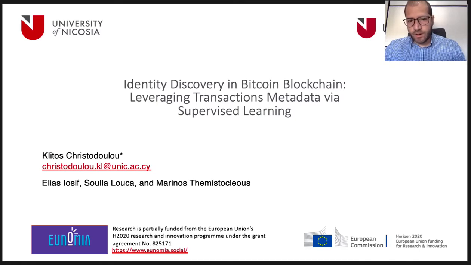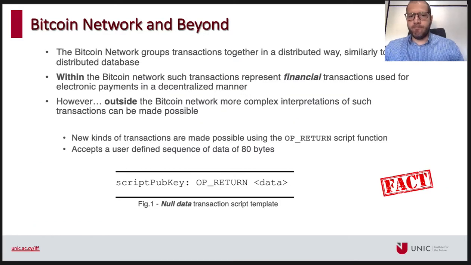So this work is about identity discovery and the use of supervised learning in doing so. I will start this presentation by presenting a couple of facts, mainly from the Bitcoin ecosystem.